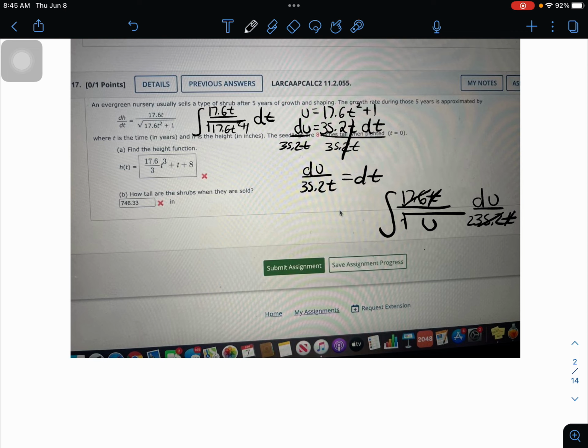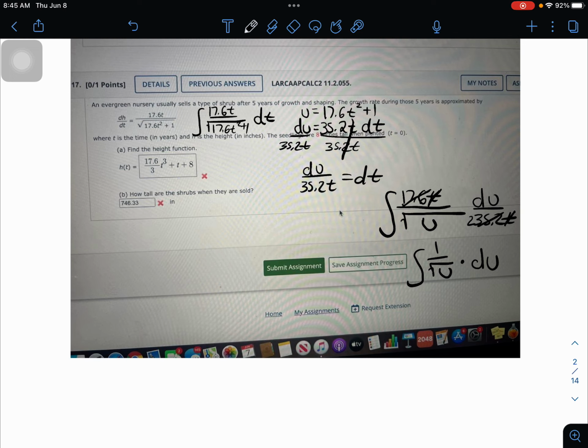So this simplifies to everything here is gone, which means there's a 1 remaining. So there's a 1 on the top, 1 divided by the square root of u times du. Okay, we got 1 divided by the square root of u, and du.